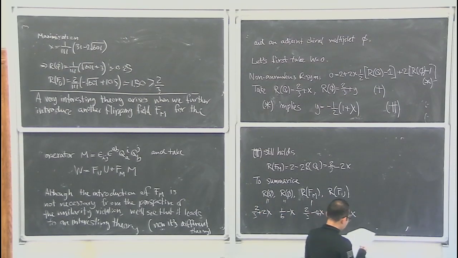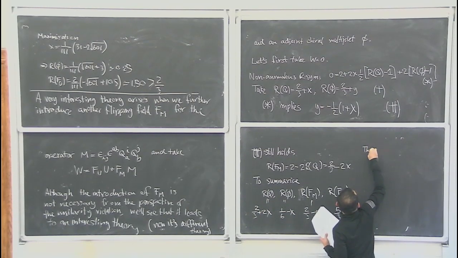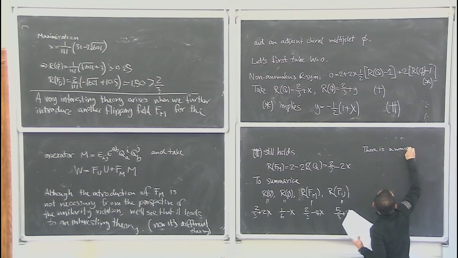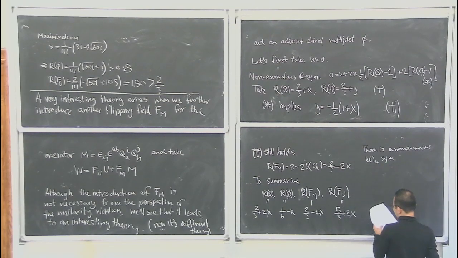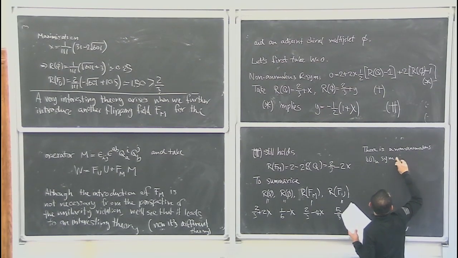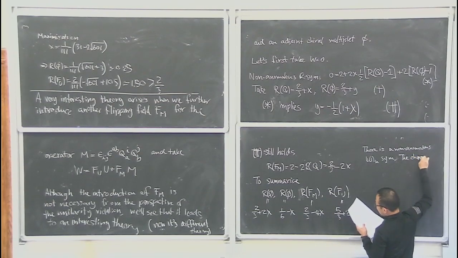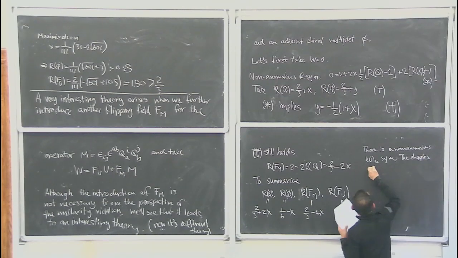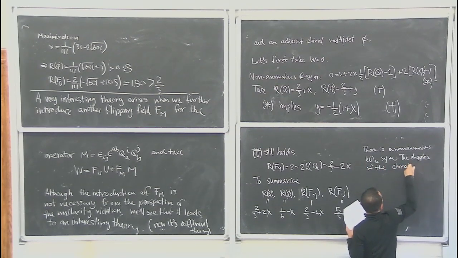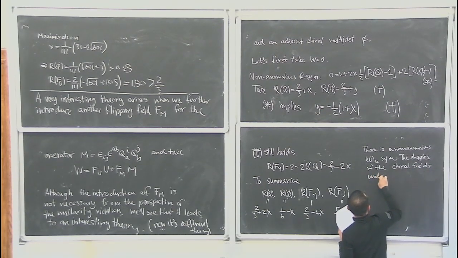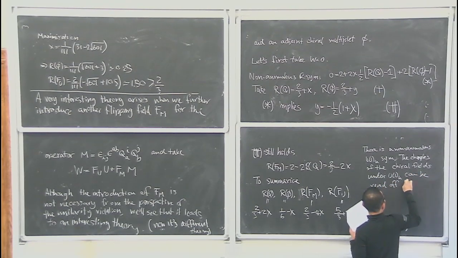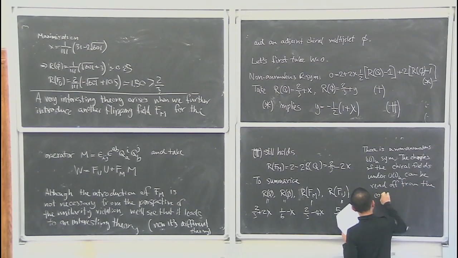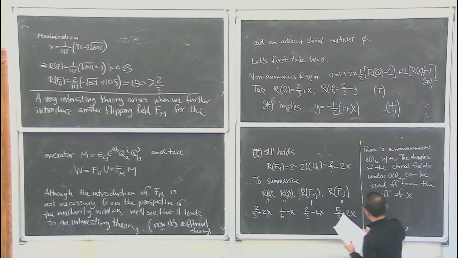So there is a non-anomalous U1_H symmetry under which the charges of a chiral field can again be read off from the coefficient of x, as before.